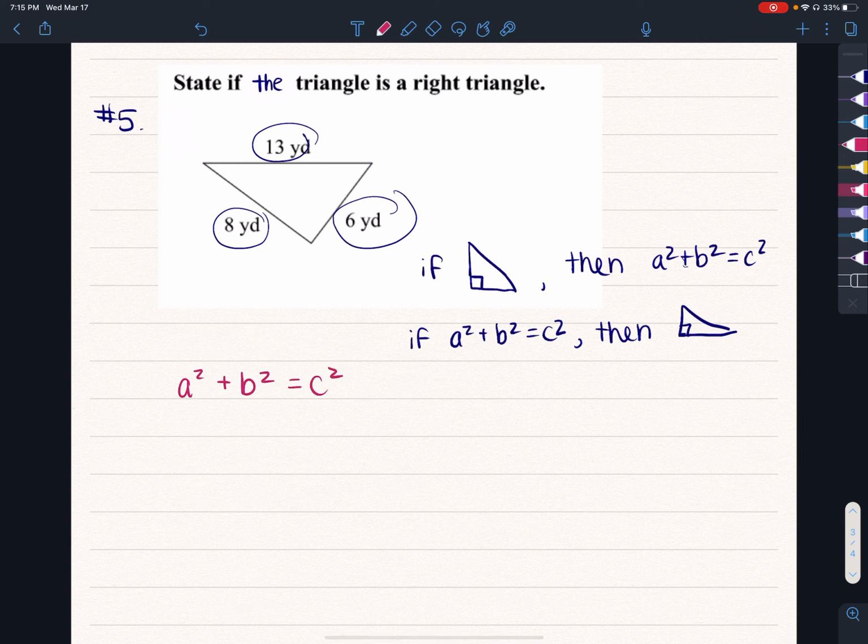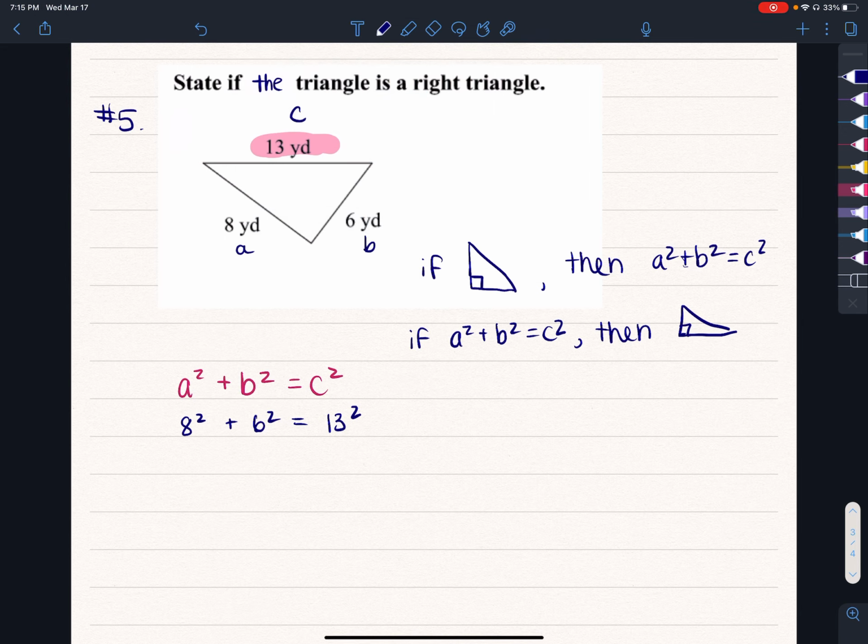Since we don't have a right angle to go off of, we essentially use the biggest number as C. Because if this is going to be a right angle triangle, then the biggest number would have to be C. So this has to be C, and these ones can be A or B, it doesn't matter. So we're going to put those in here. 8 squared plus 6 squared equals 13 squared.